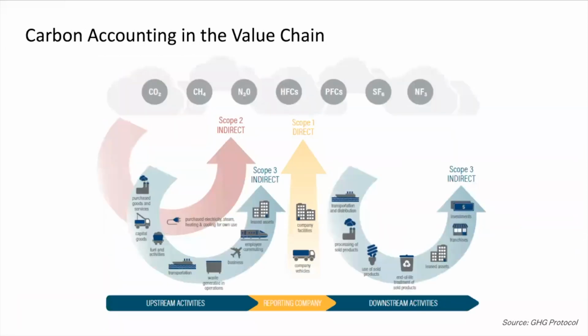So just a very quick primer on carbon accounting or greenhouse gas emissions accounting in the supply chain. This diagram is from the Greenhouse Gas Protocol, which is really the primary reference that the apparel industry, including the outdoor and athletic sector, uses to ensure we're all calculating the impacts, the greenhouse gas or climate impacts of our businesses in the same way, using the same methodology.